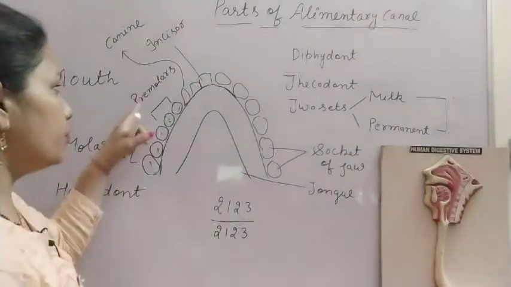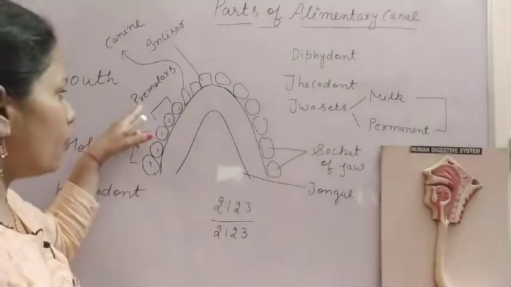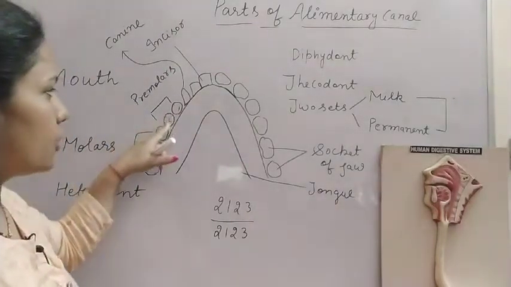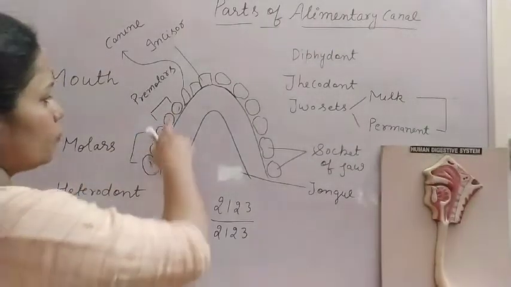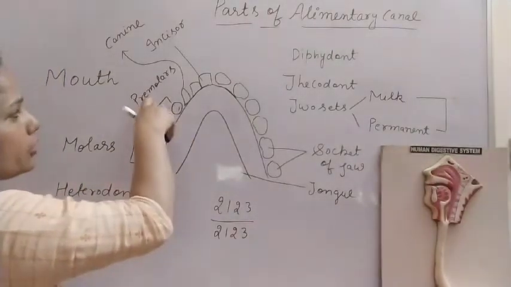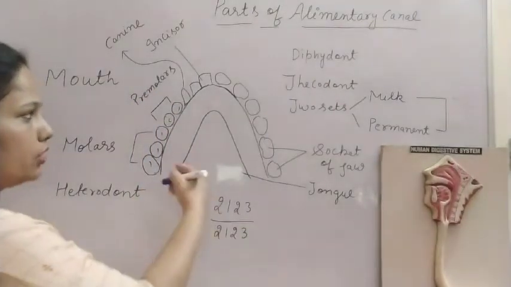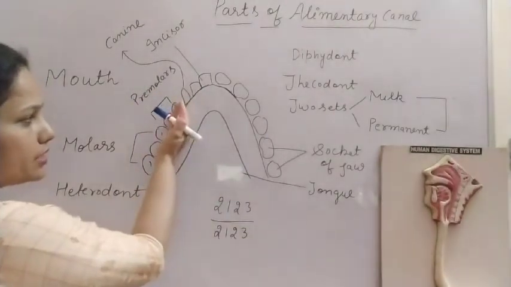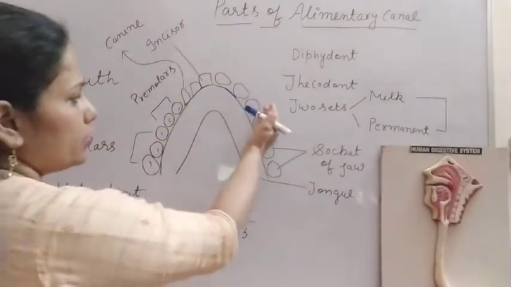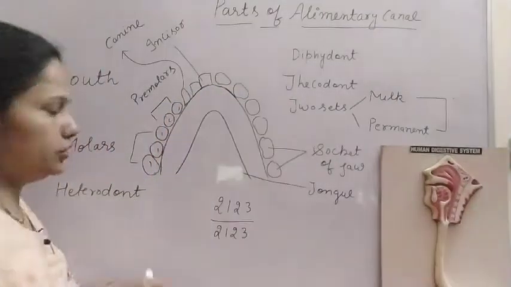Then the premolars. Before the molars, these teeth are known as the premolars. So 1 pair of premolars is present in the upper jaw and 1 pair in the lower jaw. So one pair is present here and 1 pair on the other side.